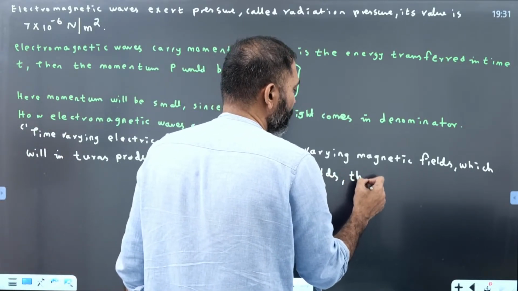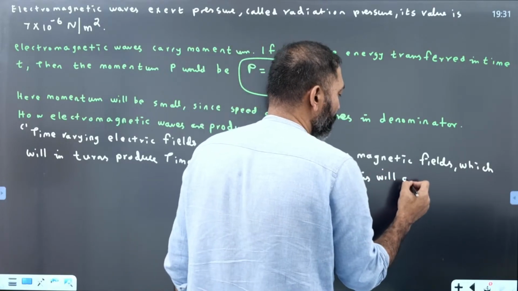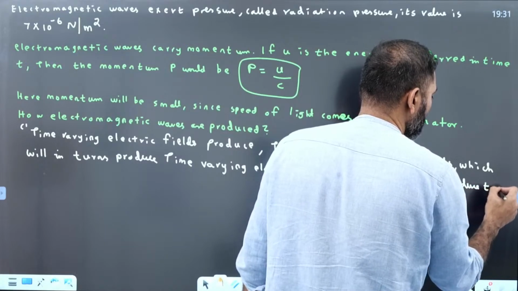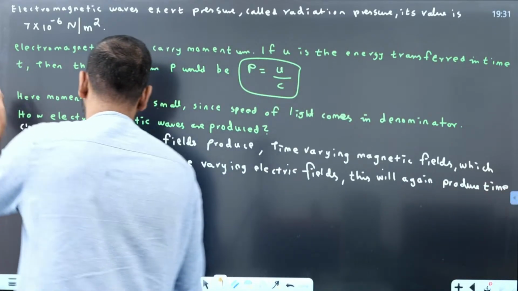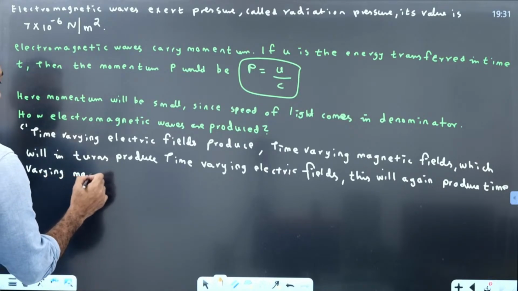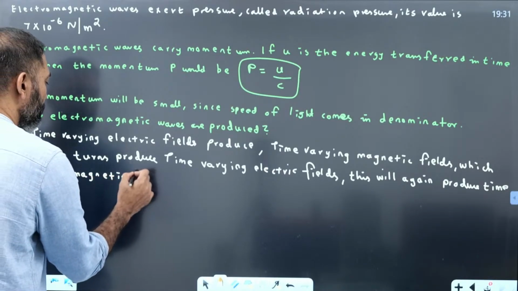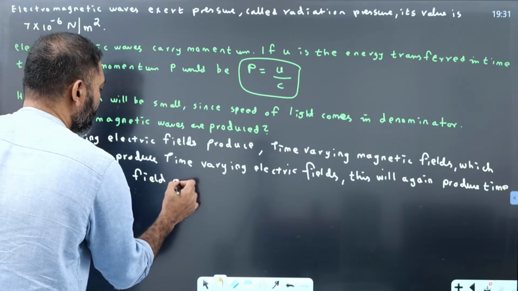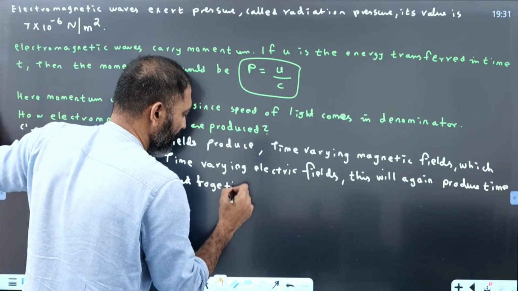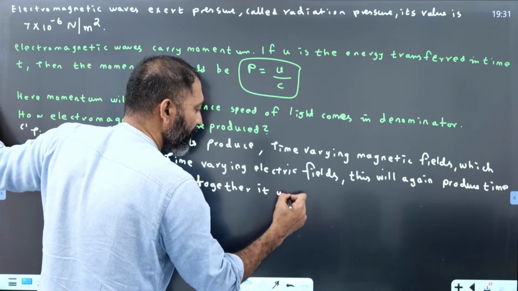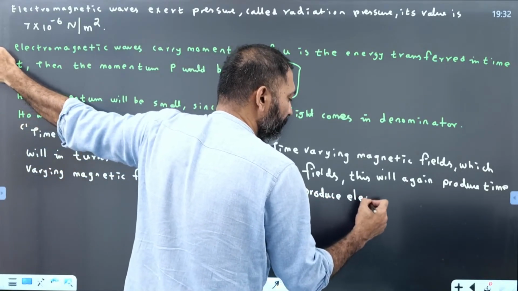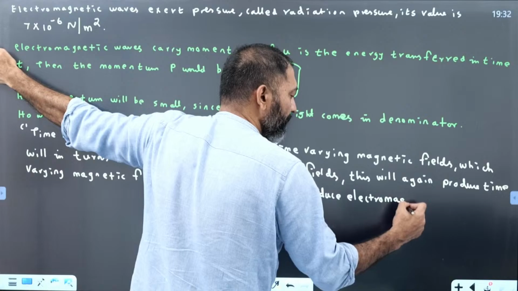This will again produce time varying magnetic fields. And it goes on like that. And together it will produce electromagnetic waves.